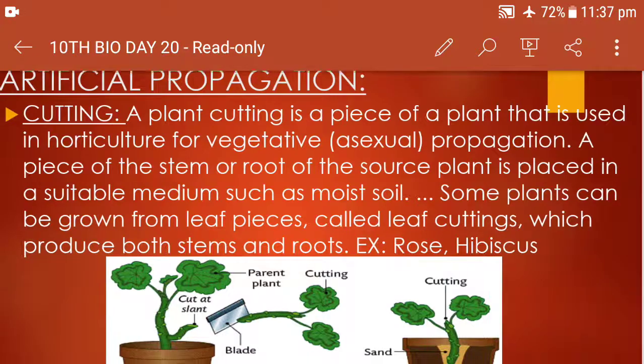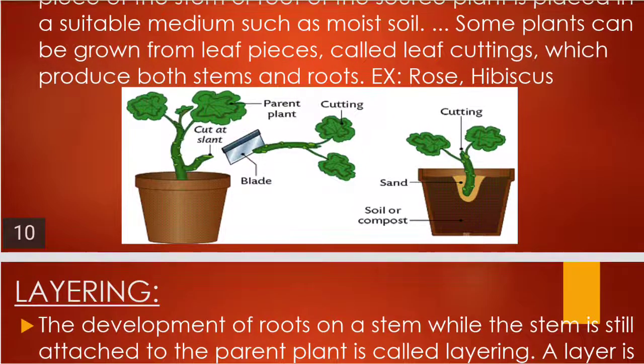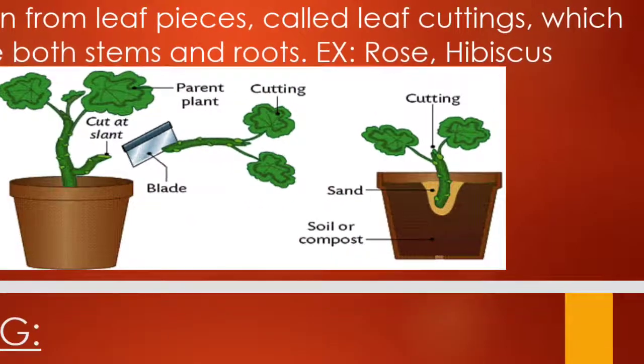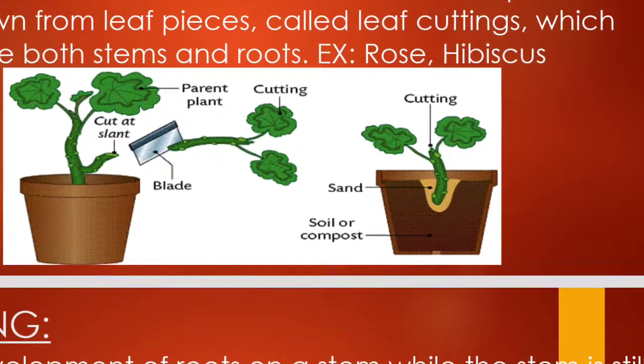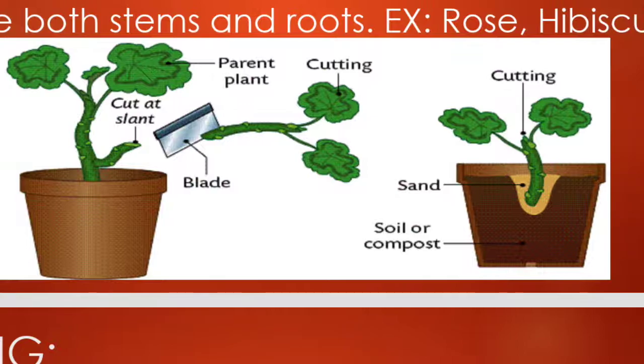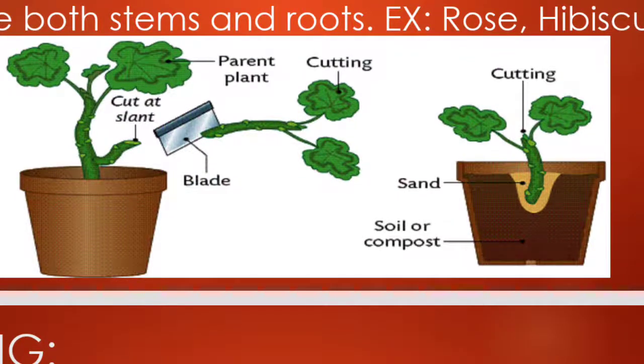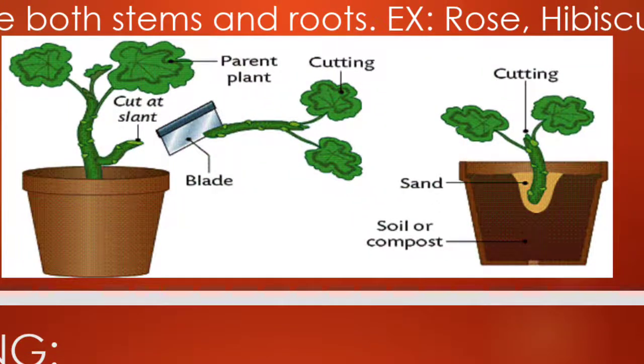This is very simple, children. Here we take a parent plant and we cut a part of the parent plant. It can be root or stem or leaf, and we put it in moist soil and allow it to grow, so that if it is a leaf it will develop the stem and roots.